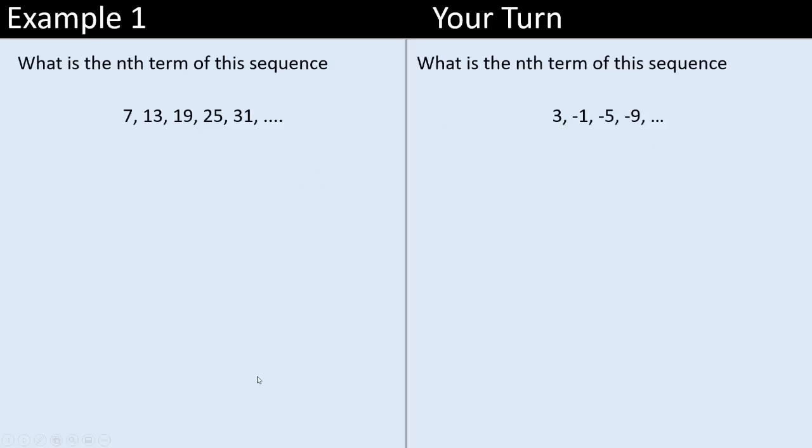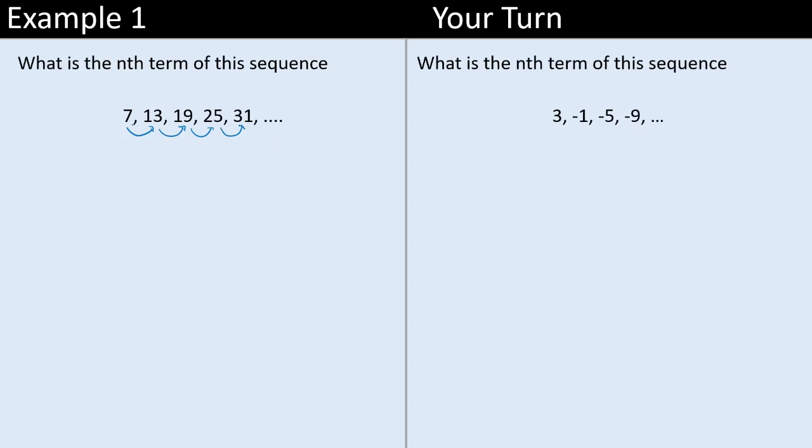So the first thing for us to be able to do is to work with just a standard, straightforward sequence. I've got a sequence here that goes from 7 to 13, 19, 25, 31. Now, the thing with sequences is that it's always good to see how a sequence progresses.